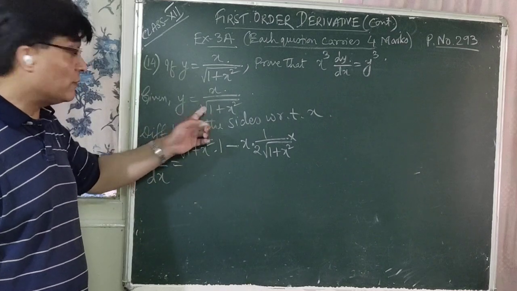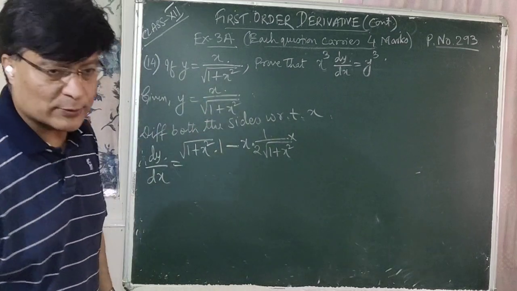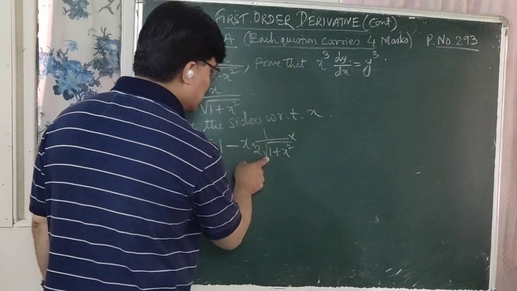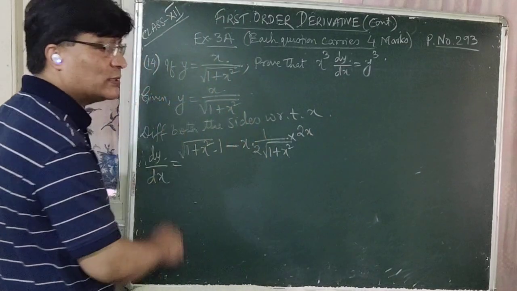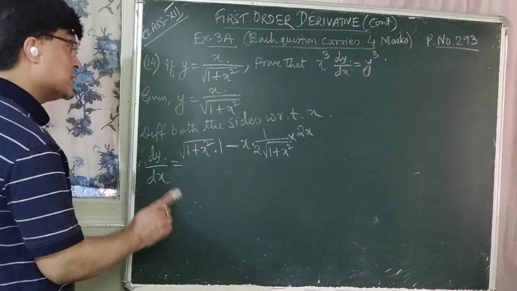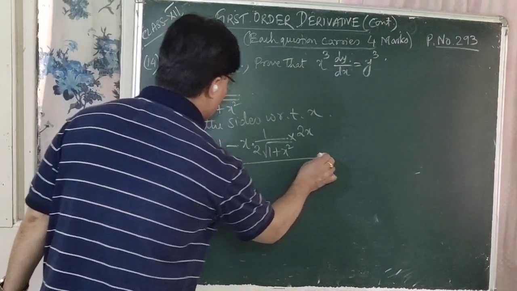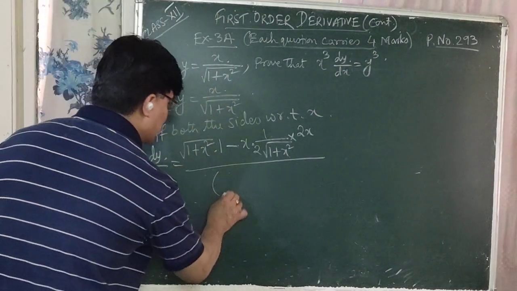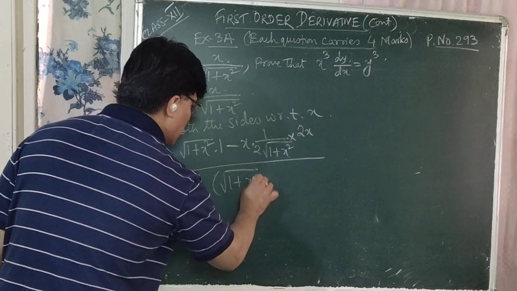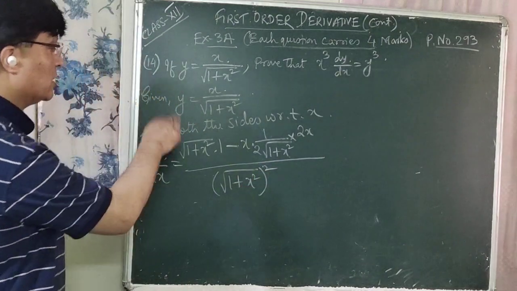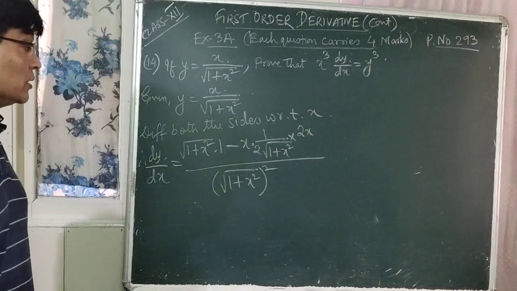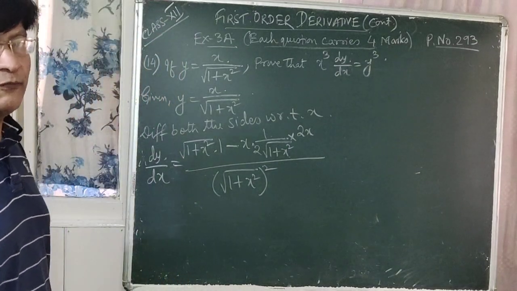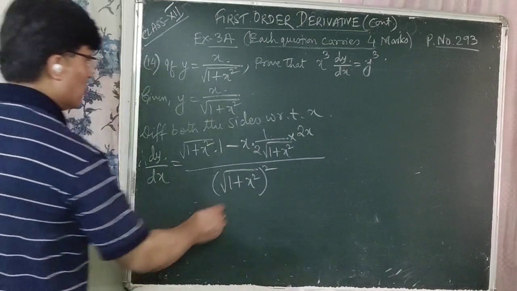That is, you have to differentiate 1 plus x square with respect to x. What is it? For 1 it is 0 and plus x square it is 2x. That is 0 plus 2x is always 2x. Is that clear? So whole divided by, what is denominator whole square? That is root over 1 plus x square whole square. So this is the u by v rule. So this is differentiation of u upon v rule. Okay. So now let us simplify it.